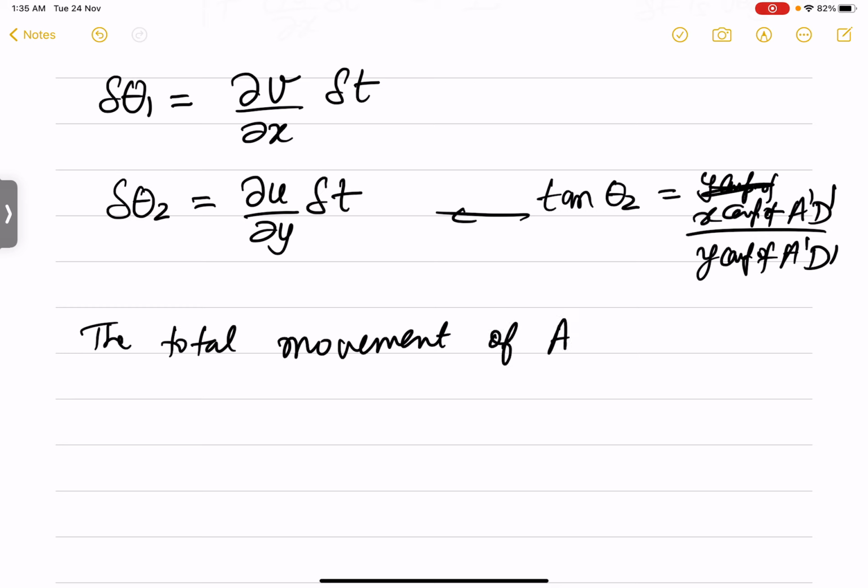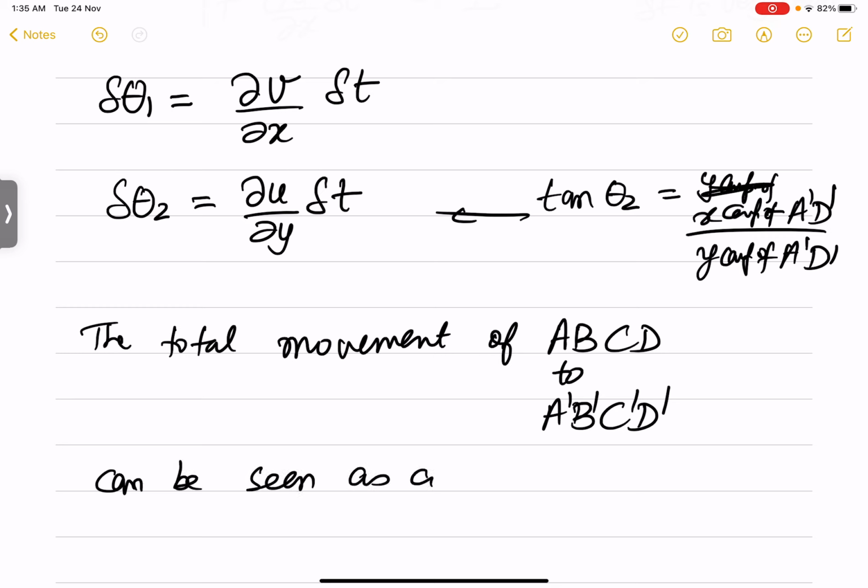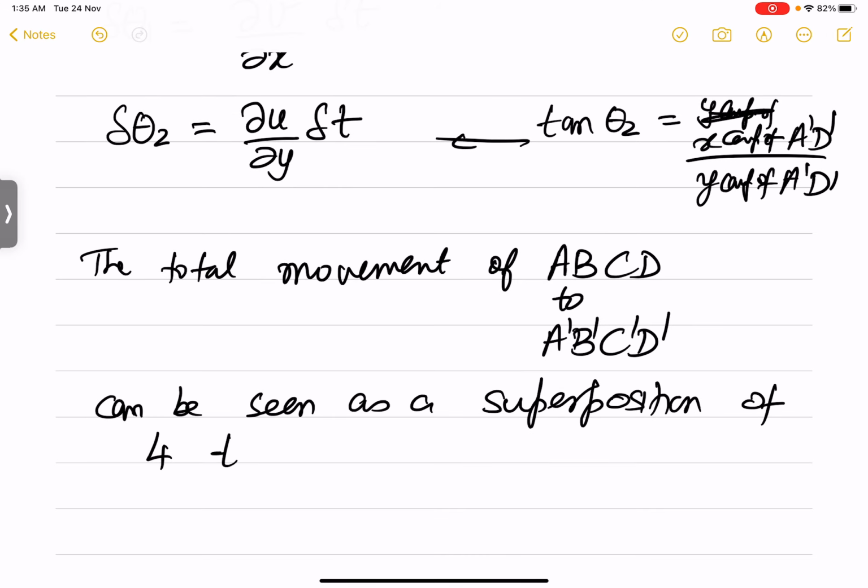Now what we can do is see the total movement of ABCD to A prime, B prime, C prime, D prime as a superposition of 4 types of motion.